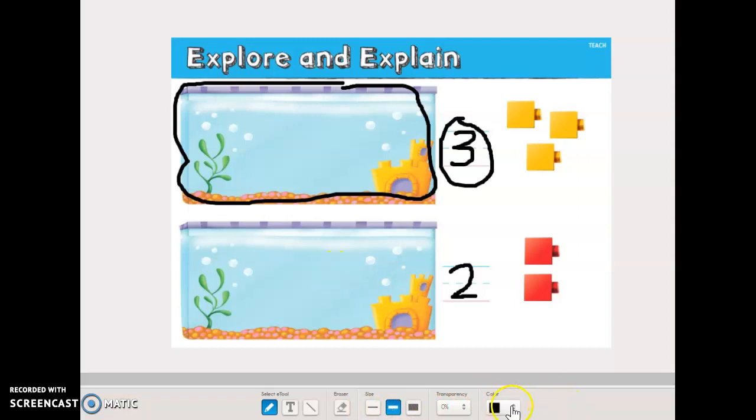And I'm going to go ahead and use a color here. I'm going to use orange for the 3 up here. So I'm going to make my 3 fish. There's 1.